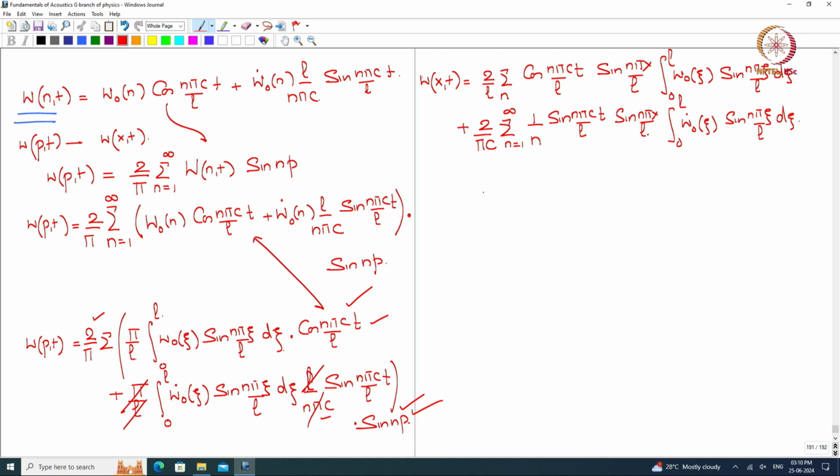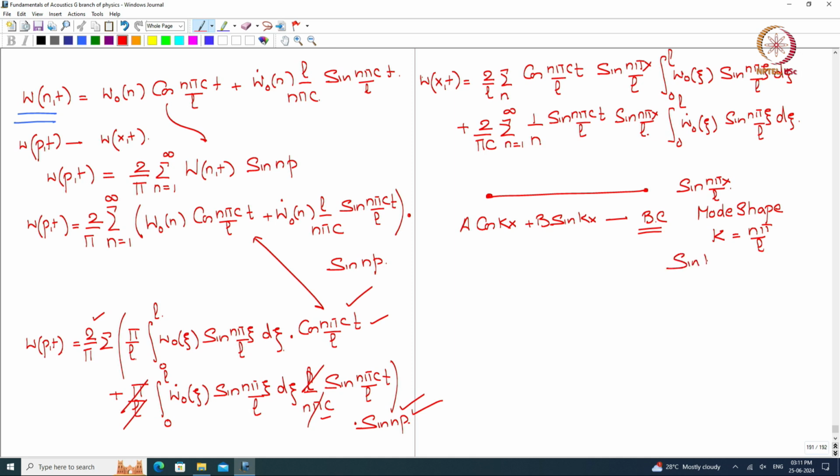Okay. Now, we had a string which was fixed on both ends, and therefore the mode shape was sine n pi x by L. You would start by A cos k x plus B sin k x and apply boundary conditions, so that you get the mode shape and the eigenvalue k to be n pi by L. But suppose you had a string fixed on one side and free on the other side, or free on both sides.